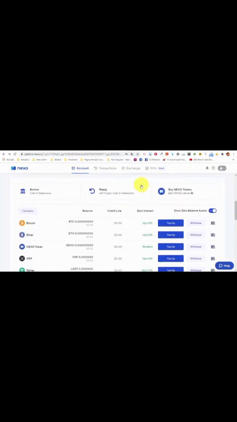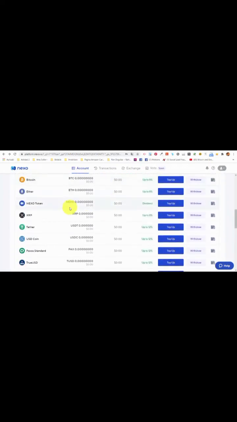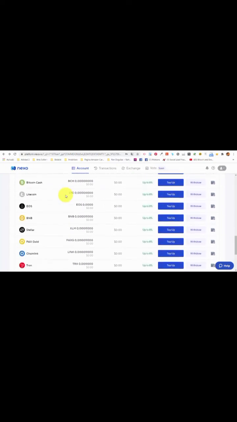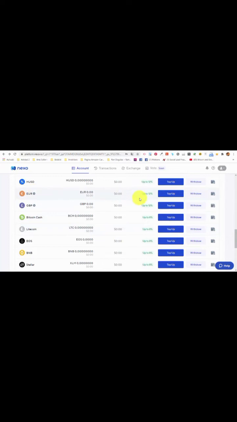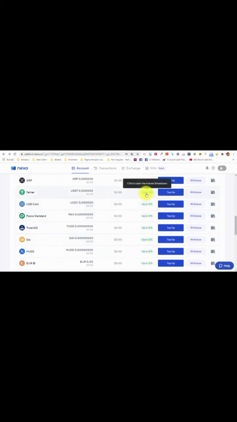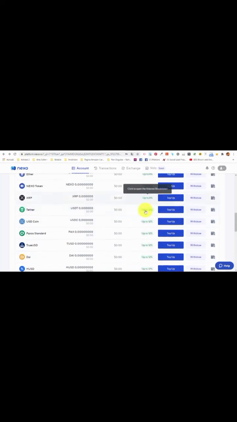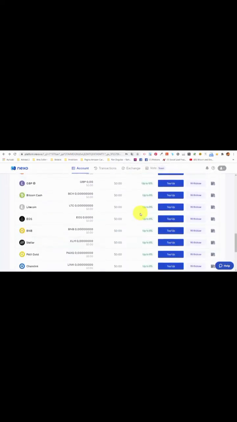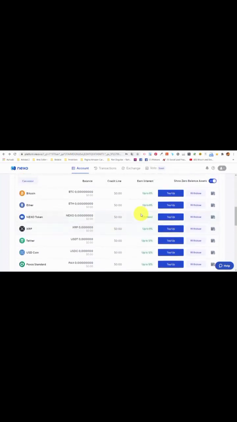If we scroll down, we can see the percentages in euro up to 12%, pounds 12%, USDT, which is basically US dollar but in crypto, 12%. So very good rates.